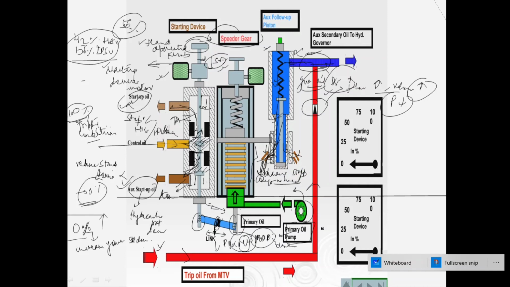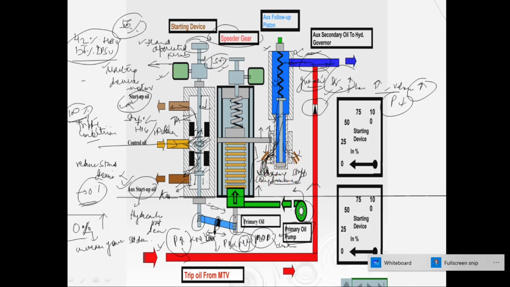Same condition, when turbine speed is very high, then pressure also increases according to n square. Then what will happen? This will compress this diaphragm, and you will see the whole sleeve arrangement will go upward. So here draining increases.